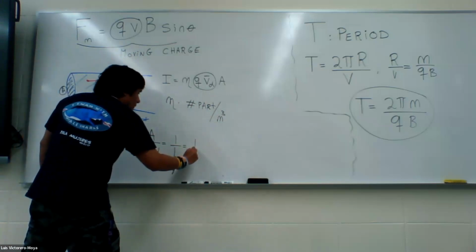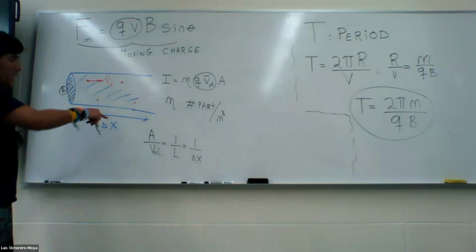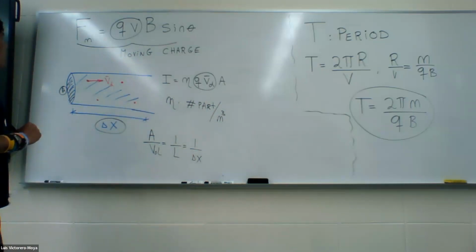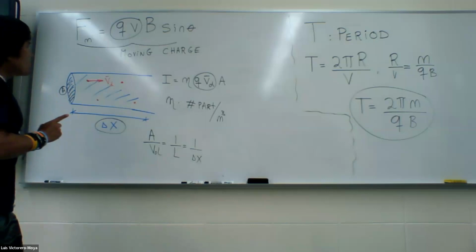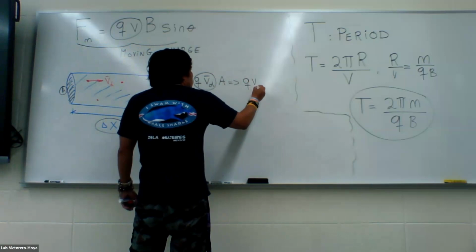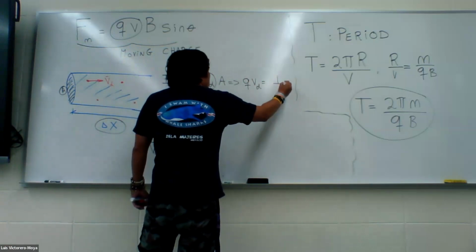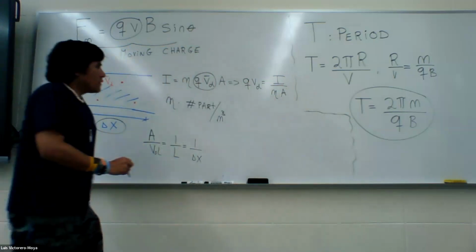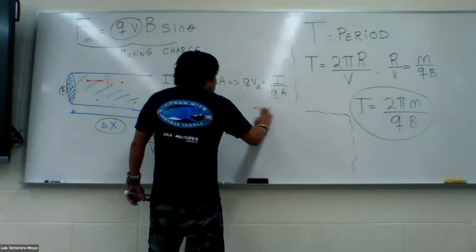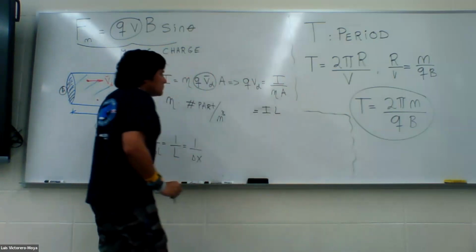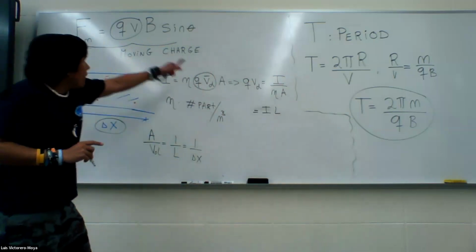Or in this case, 1 over delta x. So that's where your delta x will appear, the length of the wire. So if I were to define here, qvd is the current over density times area. Because this is basically the same as IL. So I put I in there.